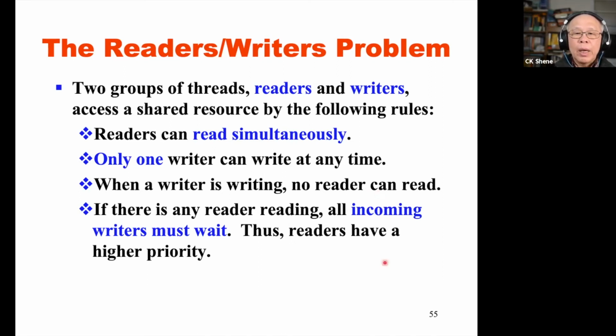So writers have to be mutually exclusive. Now, the third bullet tells you the complication. When a writer is writing, no reader can read. Of course, if a writer is writing and at the same time you allow a reader to read the same location, it is very likely the reader will get incorrect results.